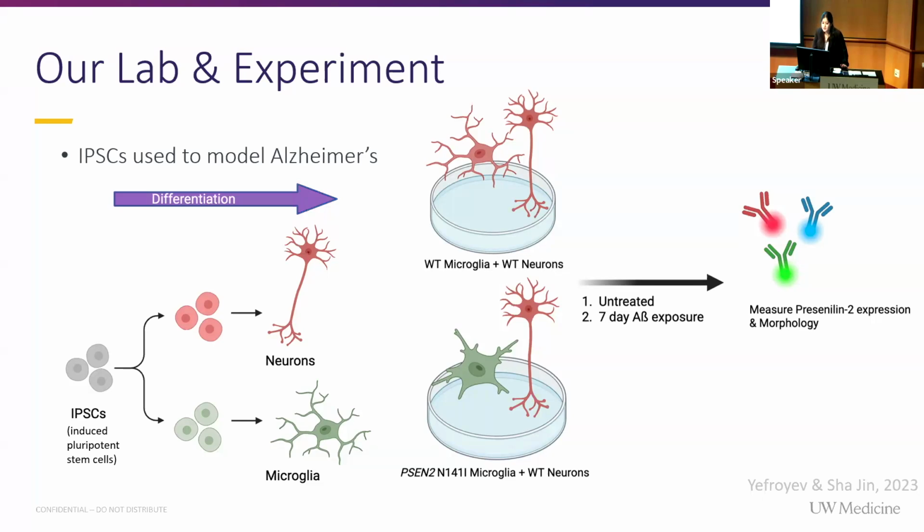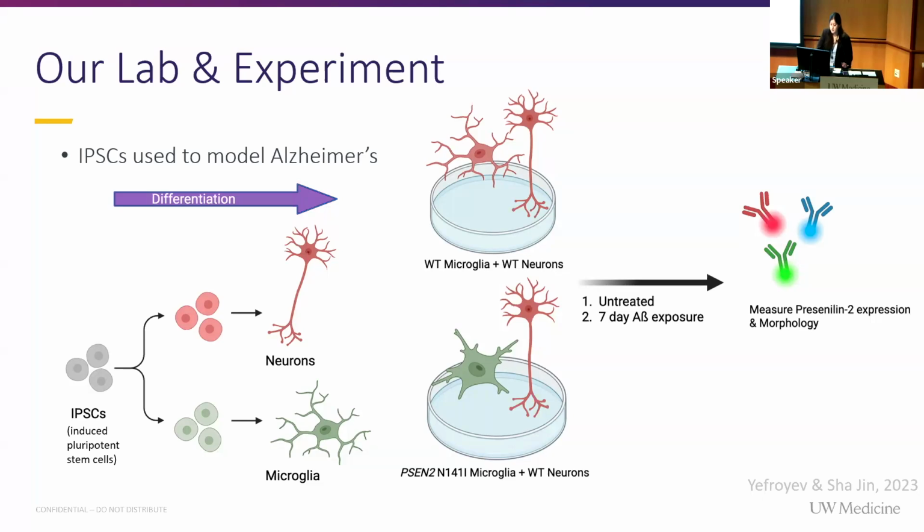We had 2 co-cultures, both of which had the wild type or healthy neurons, and then they either had the wild type or the N141I mutated microglia. Co-cultures underwent 1 of 2 treatments, either untreated and fed normally or given amyloid beta for a 7-day period. Our goal then was to measure PSEN2 expression and observe morphology.